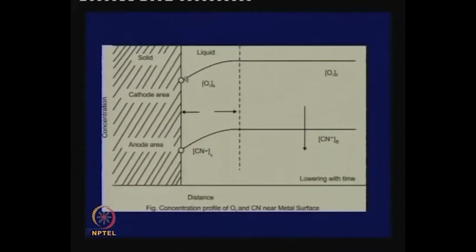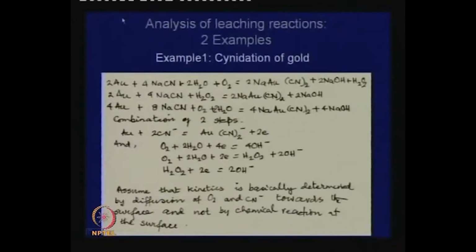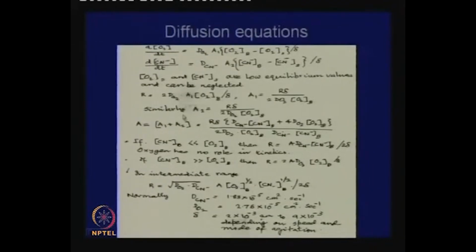So, we have done this sort of analysis, and we have done this analysis particularly in the case of cyanidation of gold. There is a surface where there are gold particles and cyanide ions are in the solution. Cyanide ions have to diffuse towards the surface, the oxygen has to diffuse to the surface, and gold cyanide that forms at the surface has to diffuse out. So, we did an analysis of that to know what will be important when.